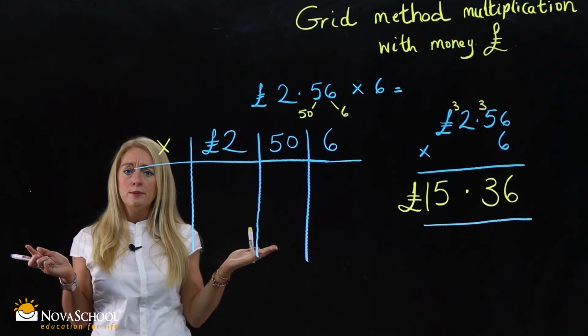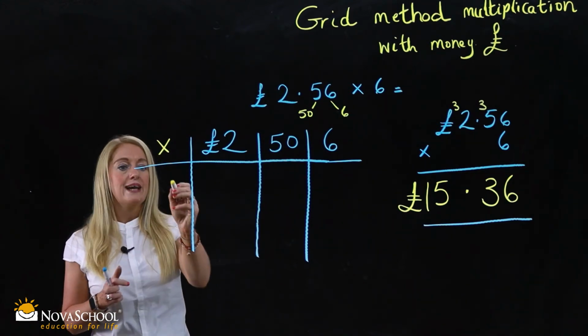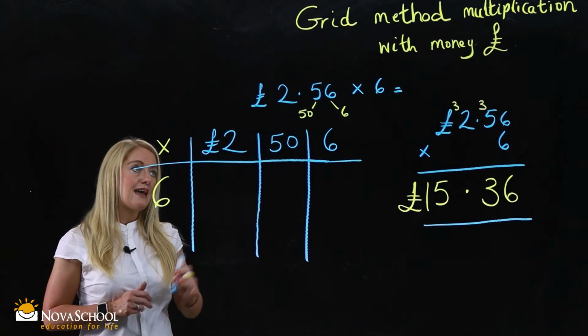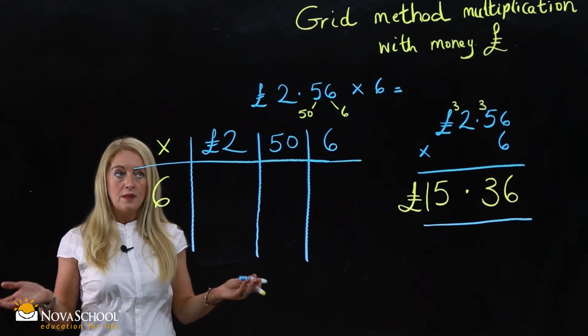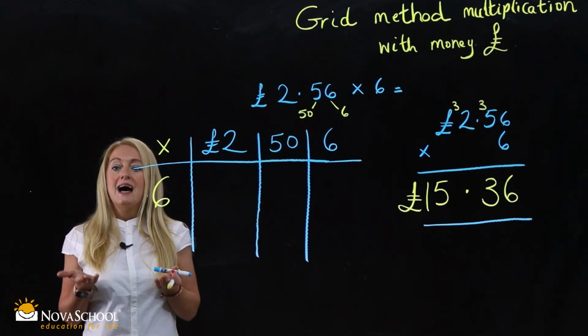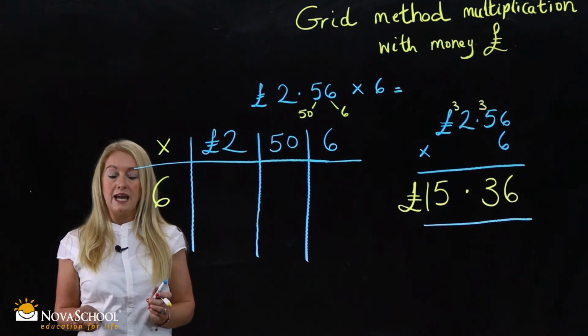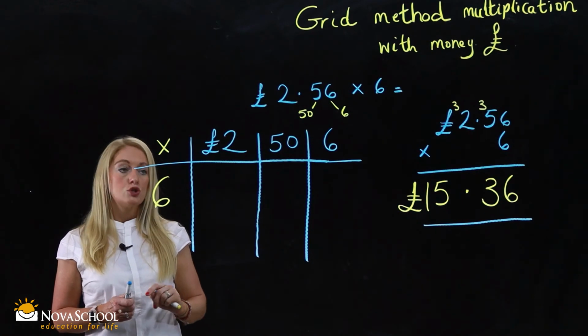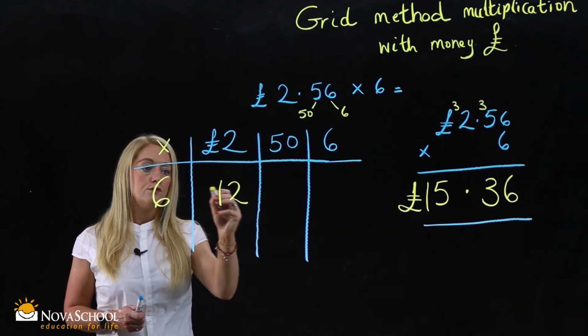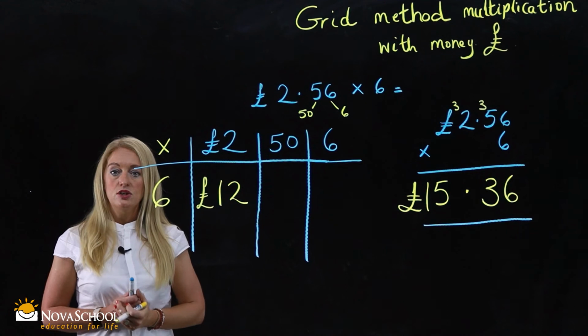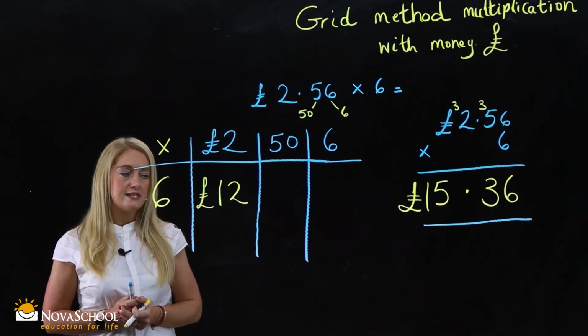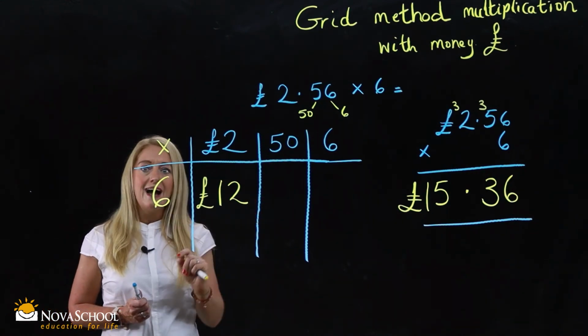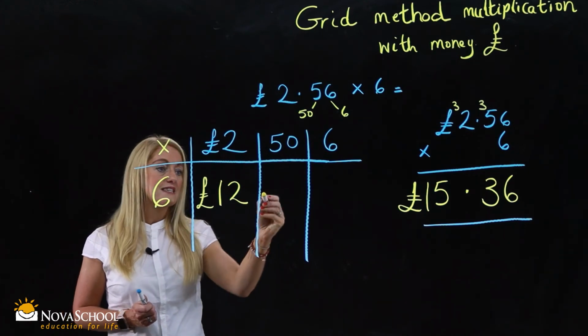What are we multiplying by, everybody? Correct, 6. Good. Now let's have a look at how we do this. Exactly the same as a normal grid method multiplication. 6 multiplied by 2 is 12, correct. But don't forget, you need to pop in your pound sign. 6 times 5, we know that, that's 30.